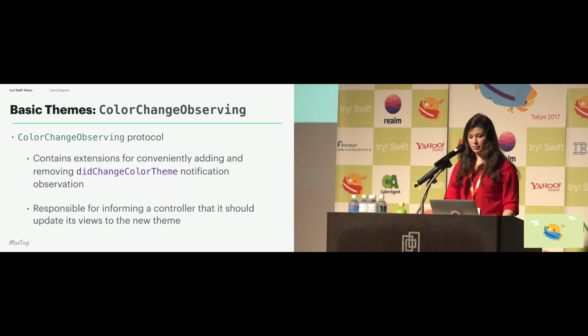For convenience, the ColorChangeObserving protocol will contain functions to both add and remove observance of notifications indicating that the color theme has changed. In order to properly respond to these notifications, the protocol should declare a function to call whenever the notification center message is observed.